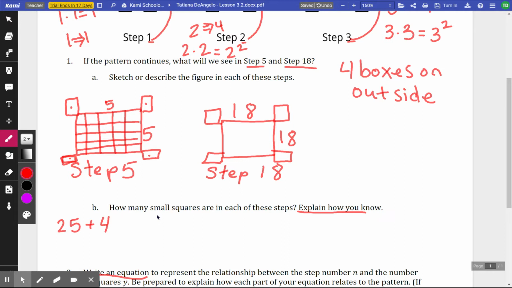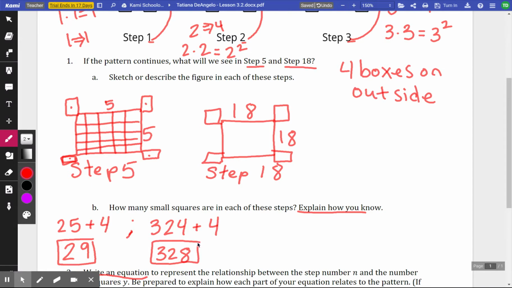And that gives me 324. But then I have to add the 4 from the outside as well. So this gives me 29 for step 5. And this gives me 328 for step 18.